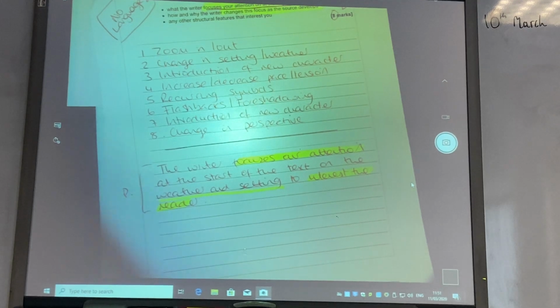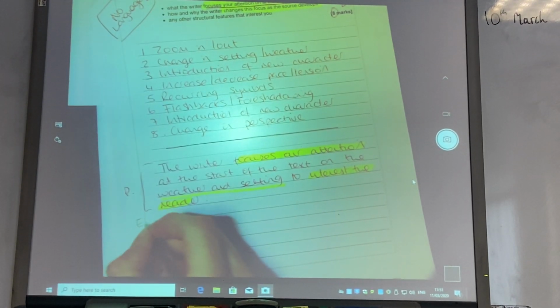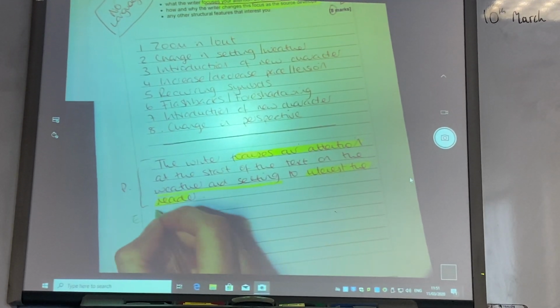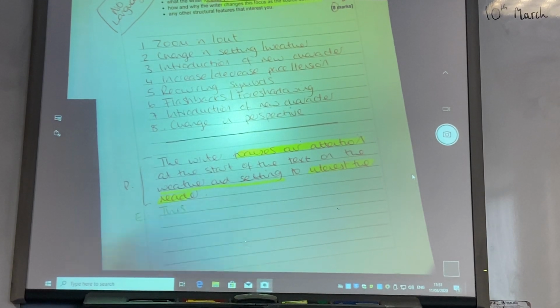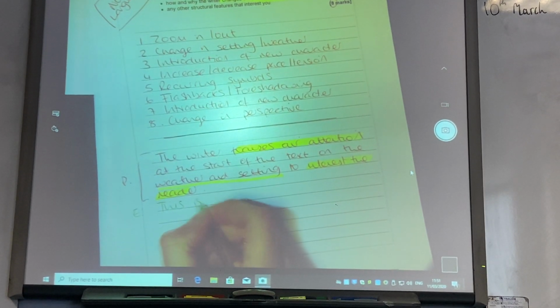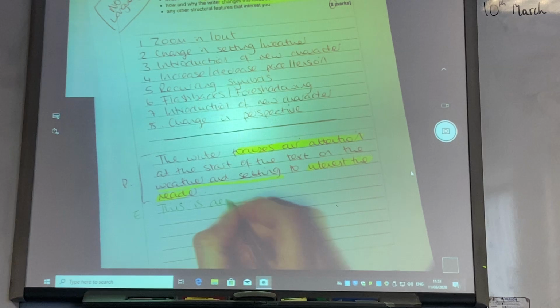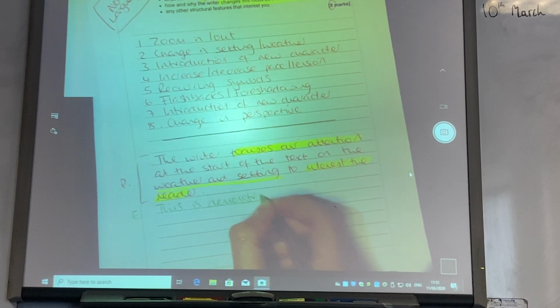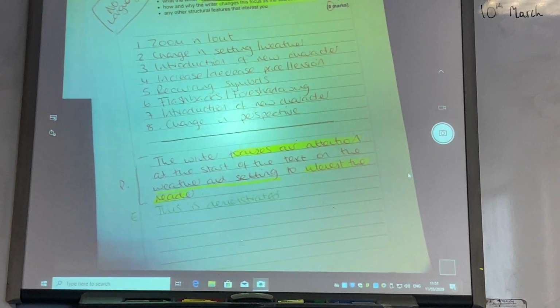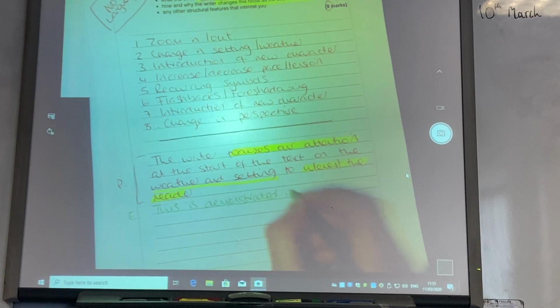So then we need a quote or some evidence. Use a different colour because it helps you recognise the different elements of PEEF. This is demonstrated. We'll use demonstrated, not shown, because it's just a bit fancier.